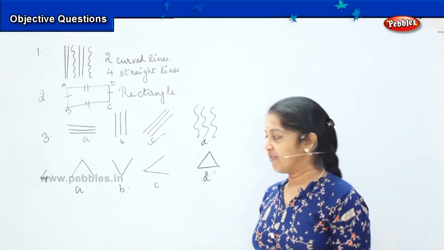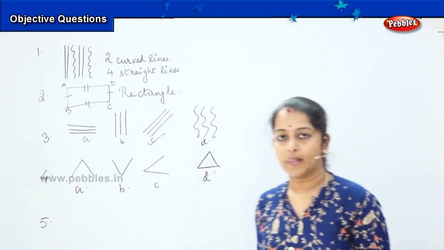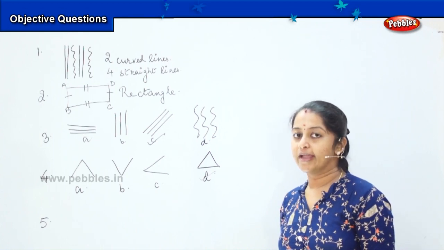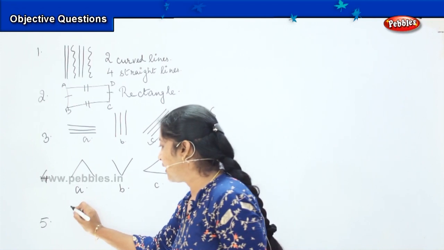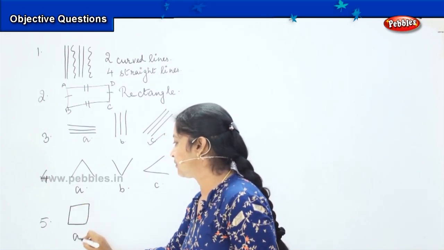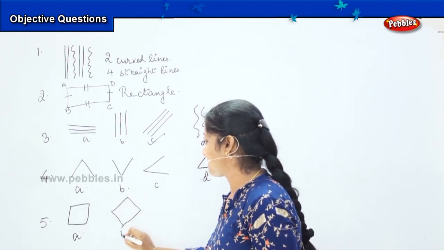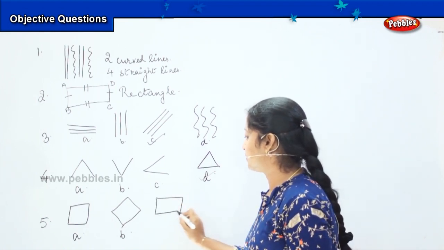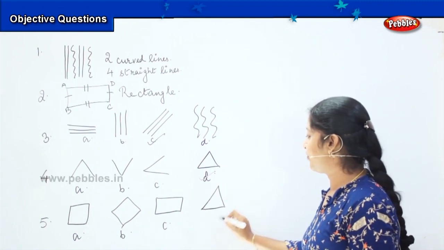Good going. So shall we move on to the next one? Okay. Now in this question you have to identify which is the odd one out. Okay. So here is your figure. The first one, this is your second figure, this is your third figure, and this is your fourth figure.